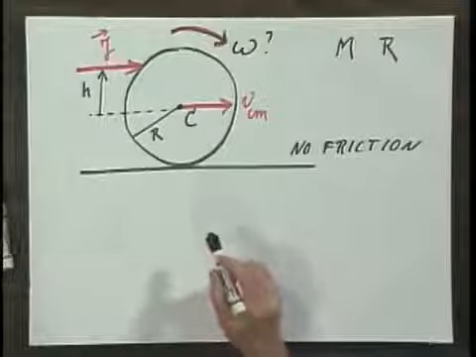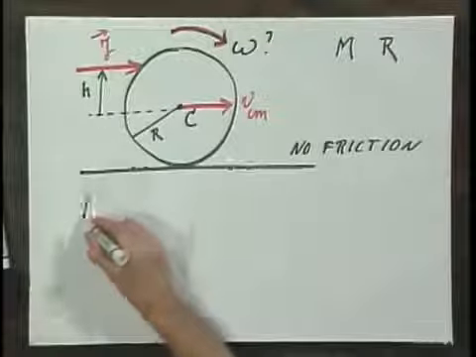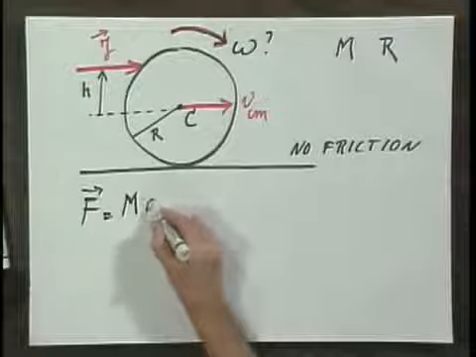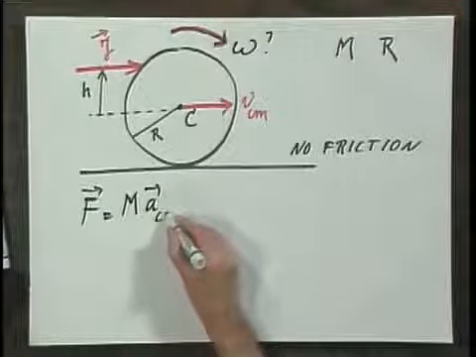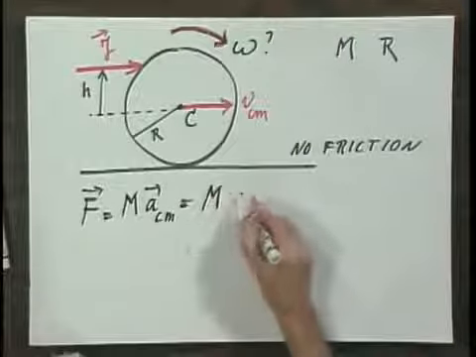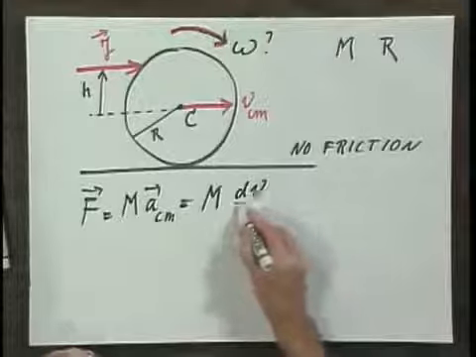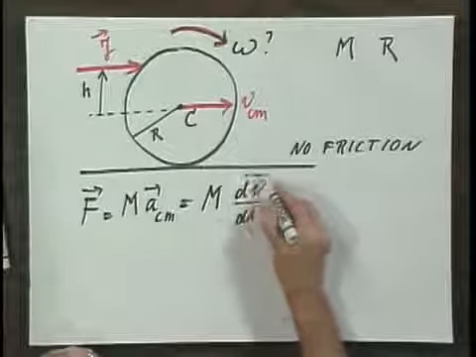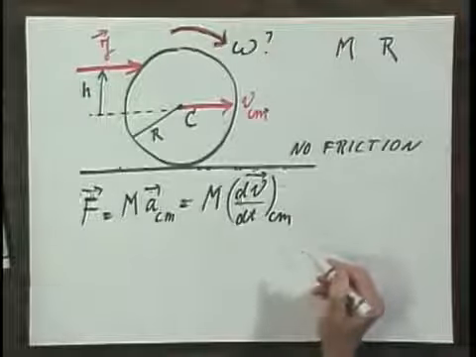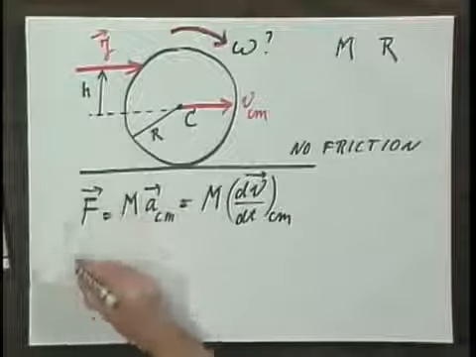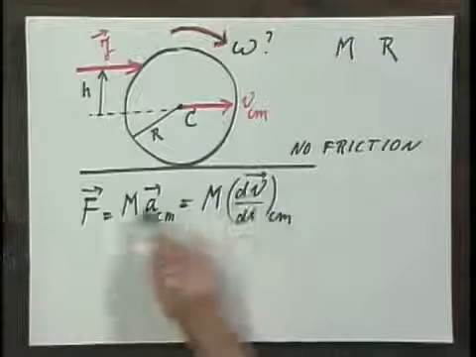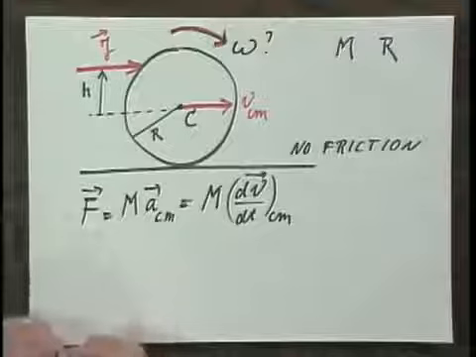Let's first start with Newton's second law. F equals m times a of the center of mass. That equals m times dv/dt, which is a vector, of the center of mass. I take the integral dt of both sides. So I do a time integral of this part and of that part.